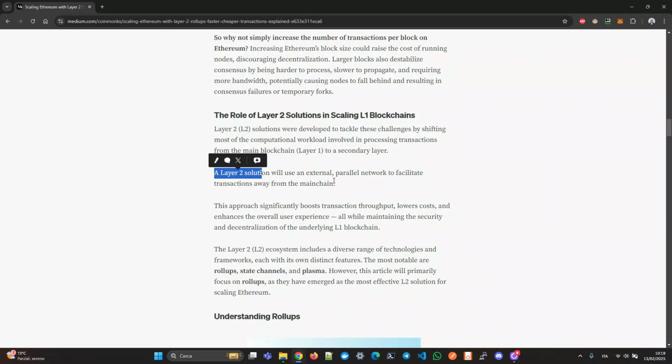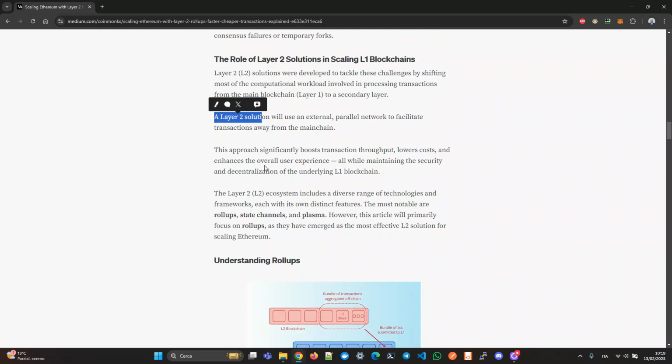This is the main idea behind layer 2, and this would boost transaction throughput, lower costs, and of course enhance the overall user experience, and we would also keep the security and decentralization of the underlying layer 1.